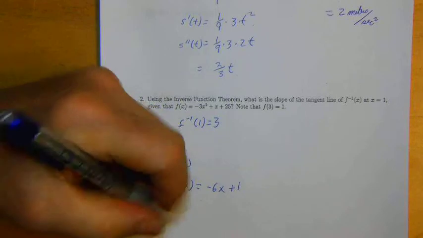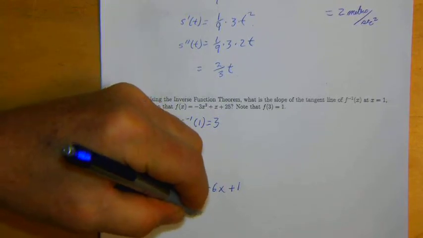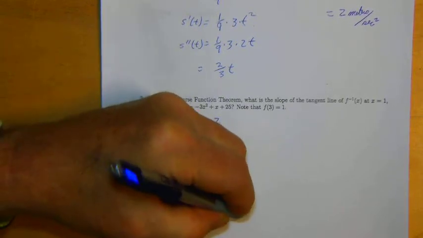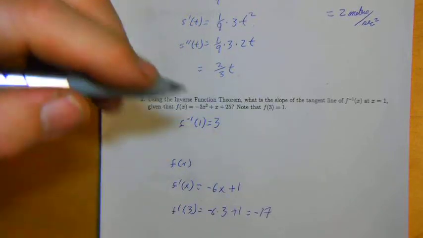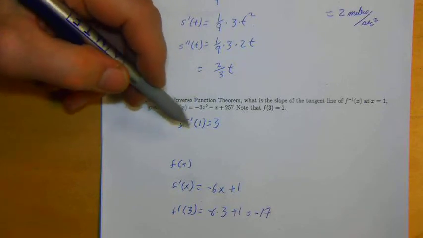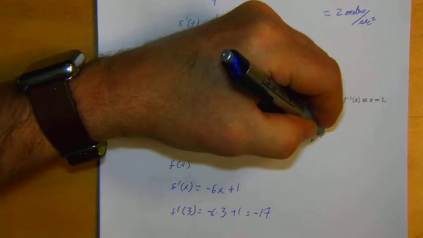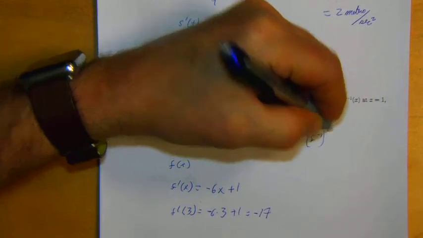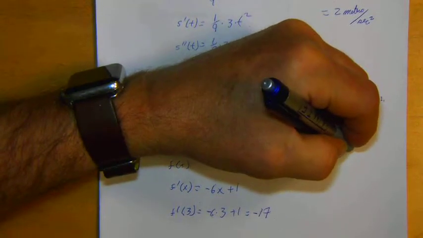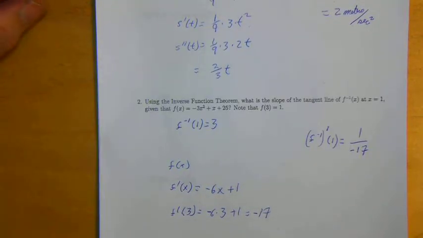So f prime of 3 equals minus 6 times 3 plus 1, which is minus 17. Flip that over to get f inverse at 1. So f inverse, boy, I hate this notation, prime at 1 is equal to 1 over minus 17. Okay, got all that?